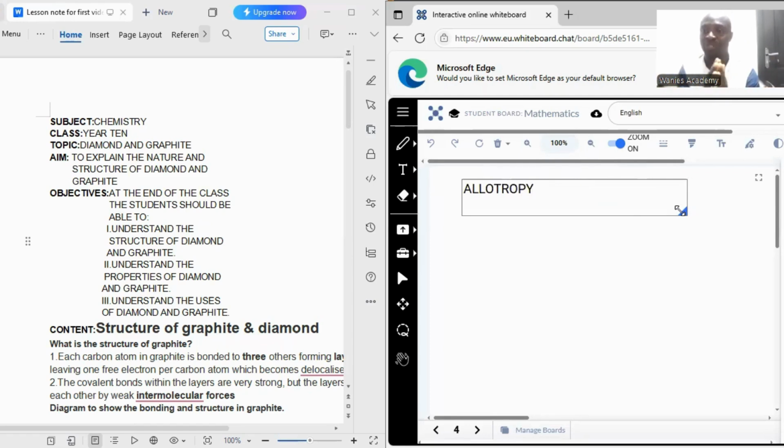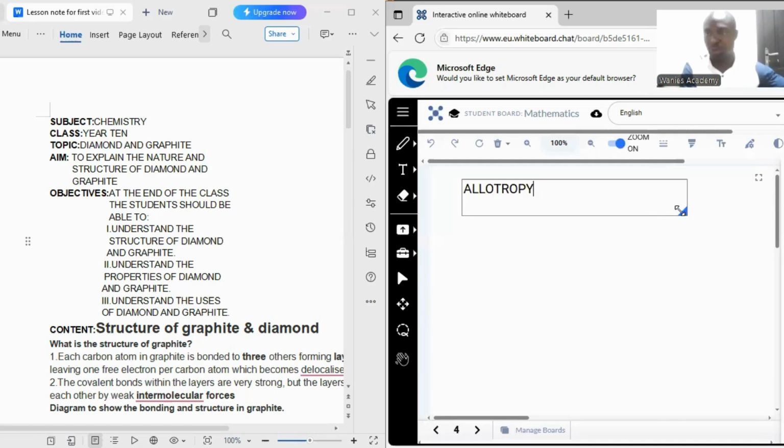Allotropy just means the ability of an element to exist in different forms in the same physical state. Now, these different forms of the given element are what we refer to as allotropes.